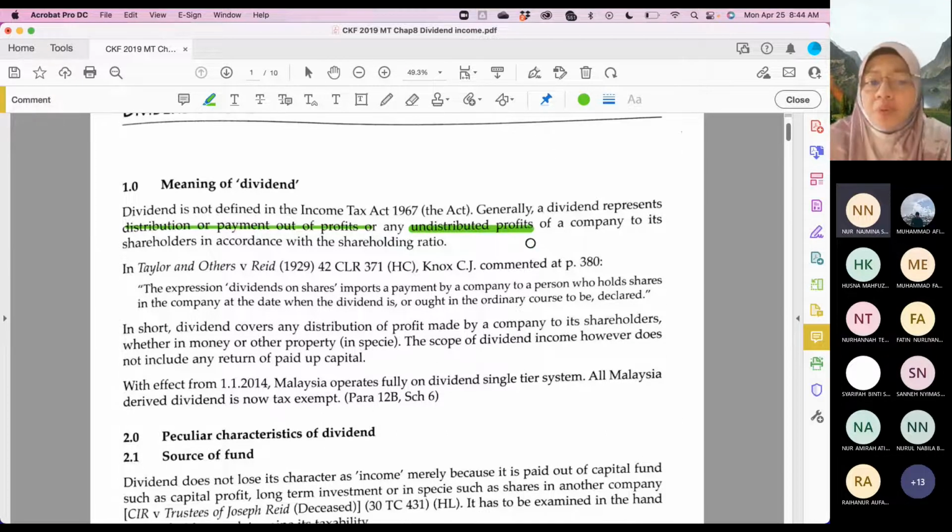What we are talking about here is who is receiving the income: the shareholders. The company makes payment of dividend, but the tax is on the shareholders, because they are the ones that receive, accrue or derive the income. So the tax is on the shareholders.